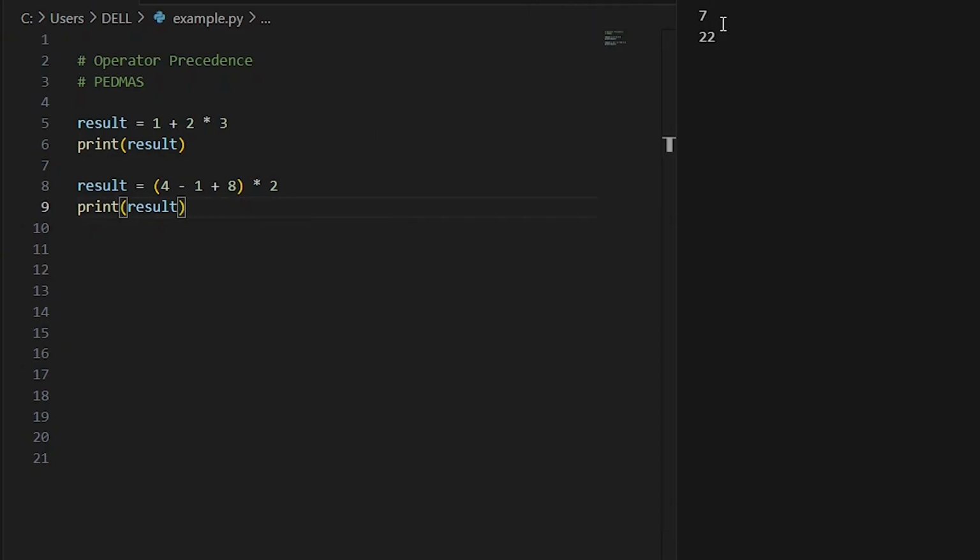So we have 22 this time around. The reason for this is because expressions inside parentheses are evaluated before every other expression. So this is basically the PEDMAS rule, which we use in arithmetic operations.